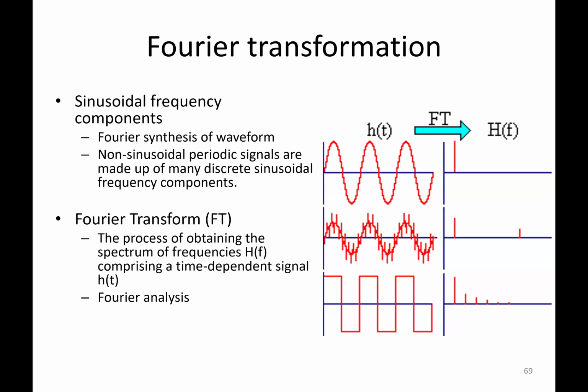So Ht, this is the spectra illustrated here. Notice here in blue, this is Ht. You acquire spectra in the time domain. You FT the spectra, that means Fourier transform the spectra into Hf. Hf is the spectra in the frequency domain.